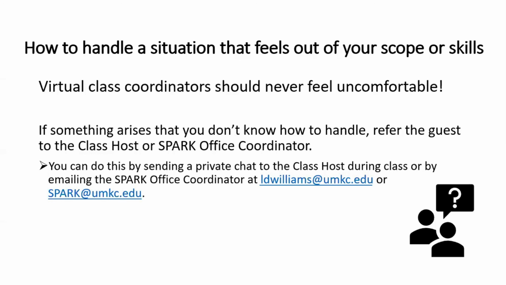If something arises that you don't know how to handle, you can refer the guest to the class host or the Spark office coordinator. You can do this by sending a private chat to the class host during the class or by emailing the Spark office coordinator at ldwilliams@umkc.edu or spark@umkc.edu.